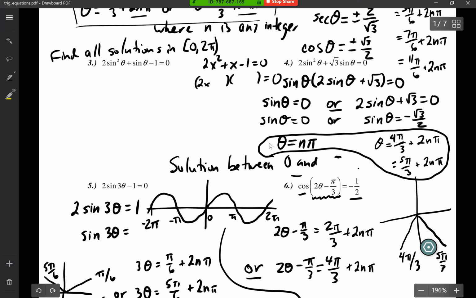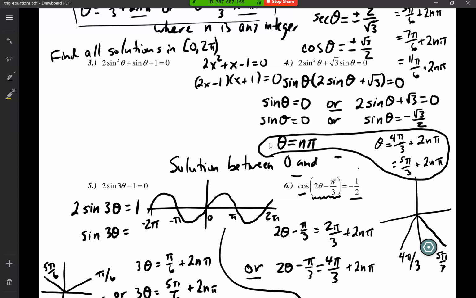I would have a 2x and an x, which is the only way I'm going to be able to get a 2x squared. And then to get a minus 1, I have to have a plus and a minus. But I have to put it in the right spots to get a plus x in the middle. So I'm going to need a minus 1 here and a plus 1 there to be able to factor that.